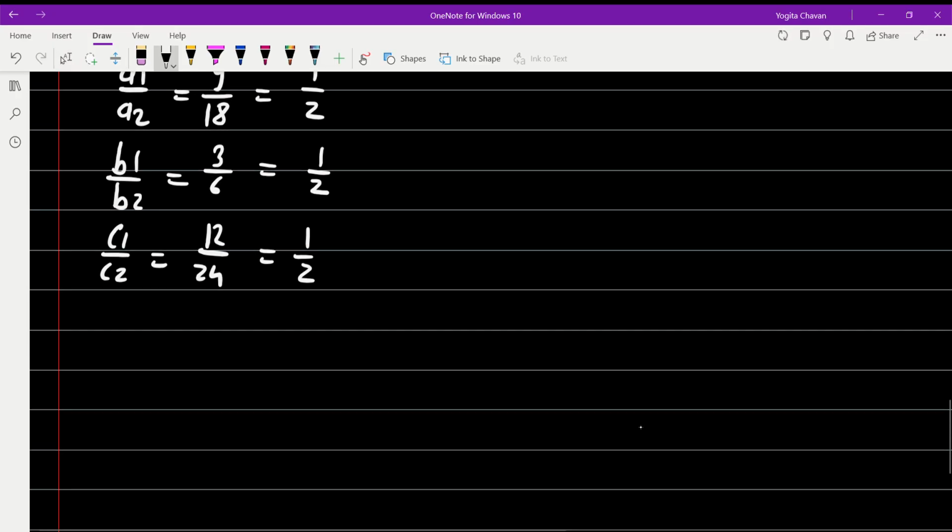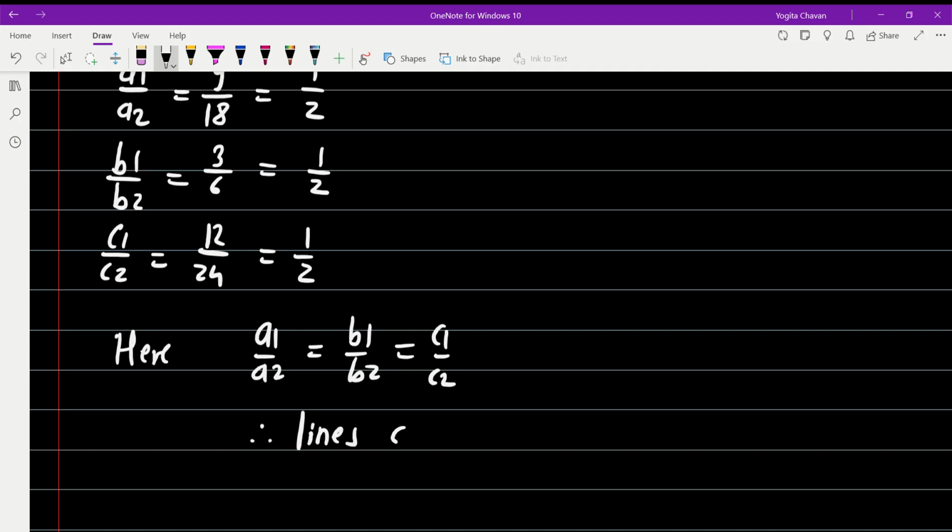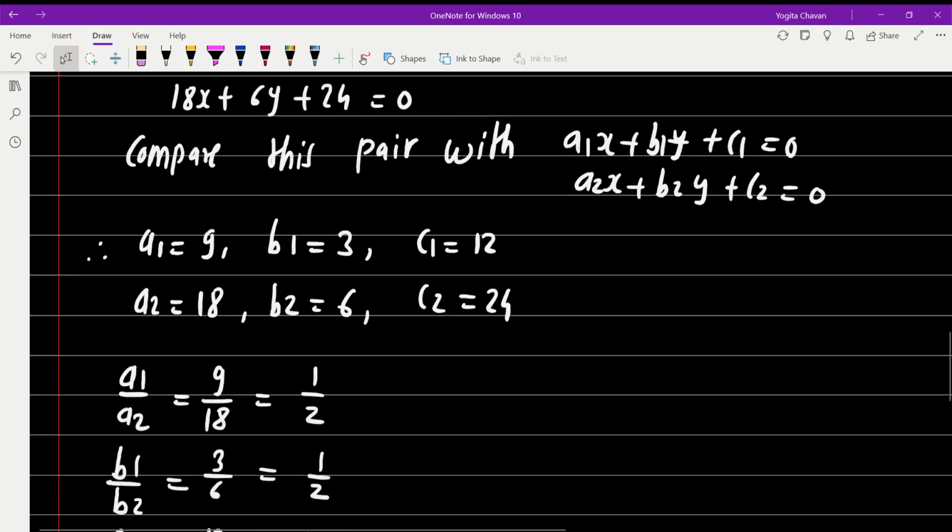So here a1 upon a2 is equal to b1 upon b2 and is equal to c1 upon c2. Therefore, what is the conclusion? Therefore, lines are coincident. Okay. That is, both lines are same. They are overlapping on each other. Okay. So number 2 done.